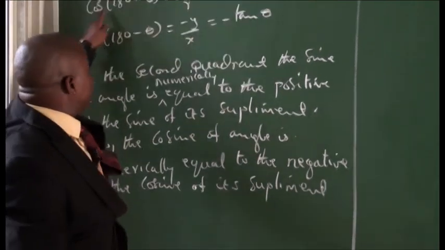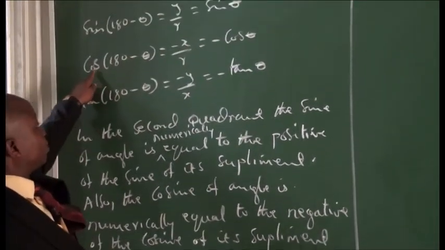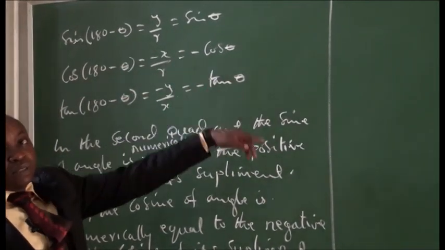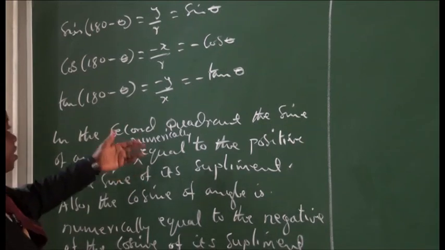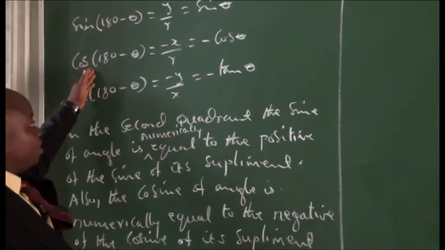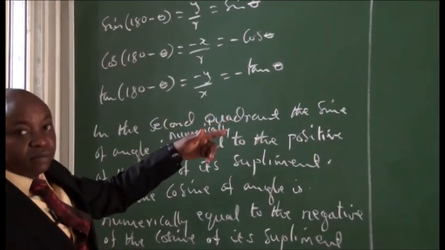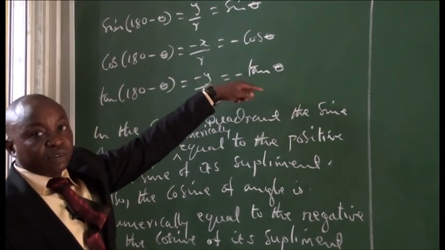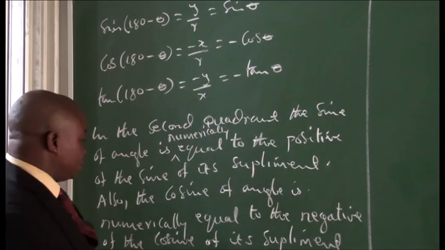That's what we call the supplement. Now you see that in cosine, look at it, cos of 180 minus theta will be equal to minus cos theta. So that's why we said that the numerical value of cos theta will be the same as the negative of cos theta in the second quadrant.